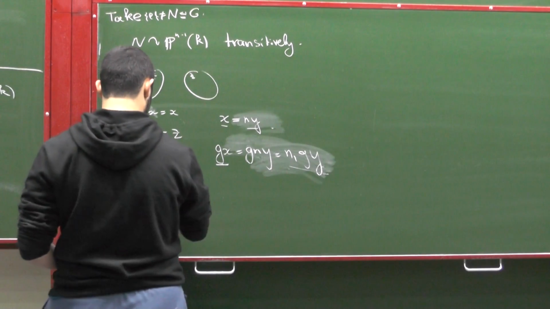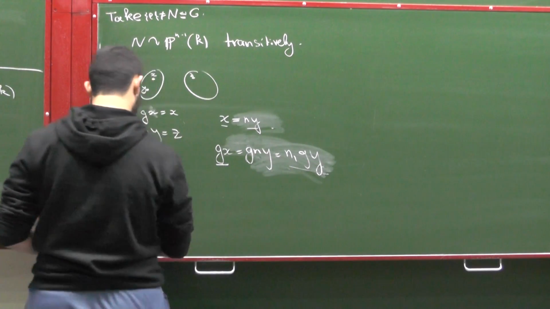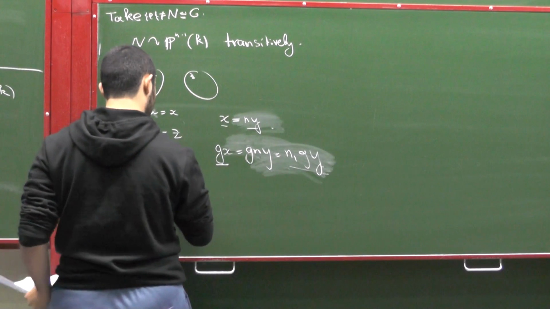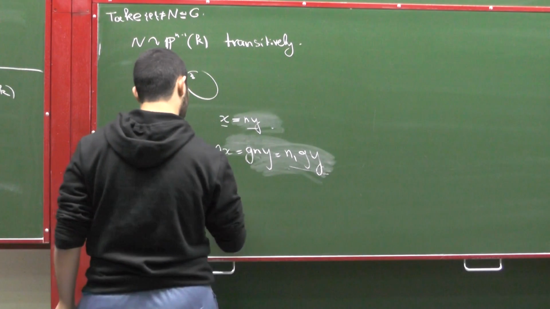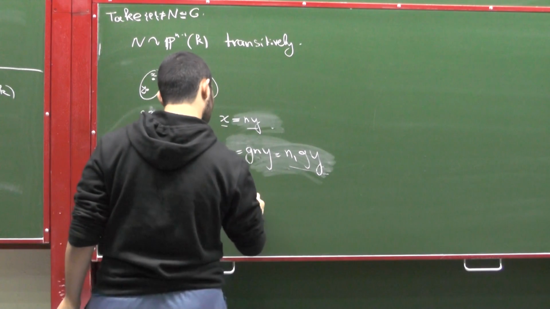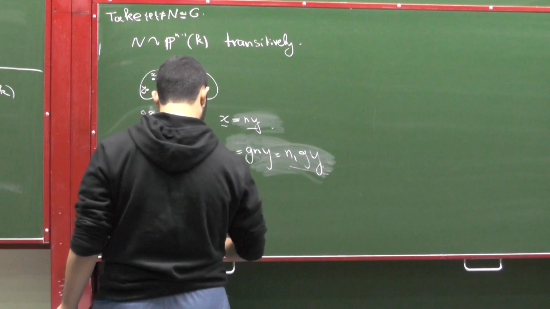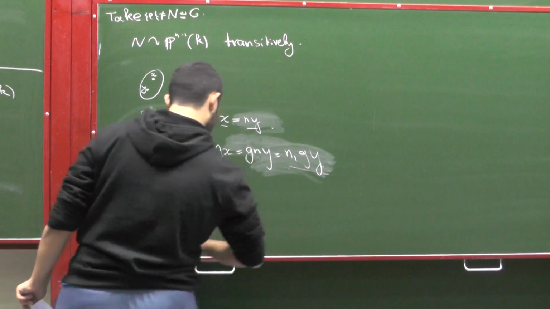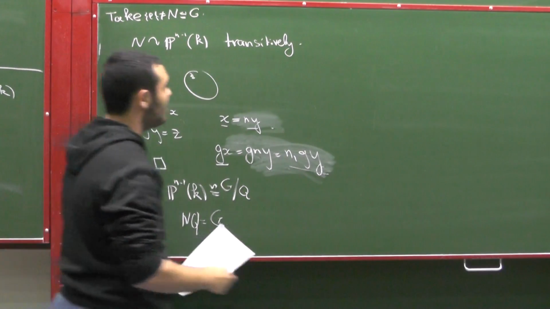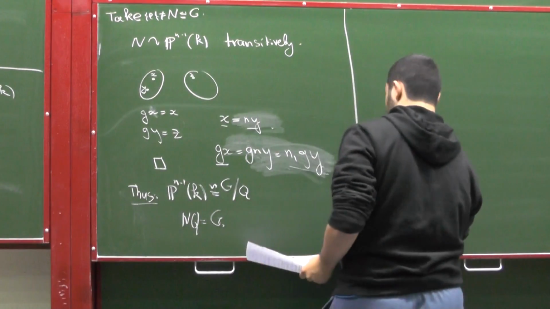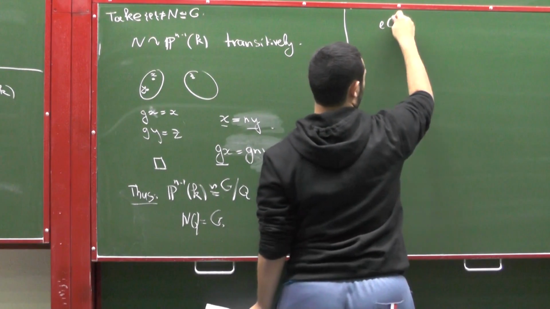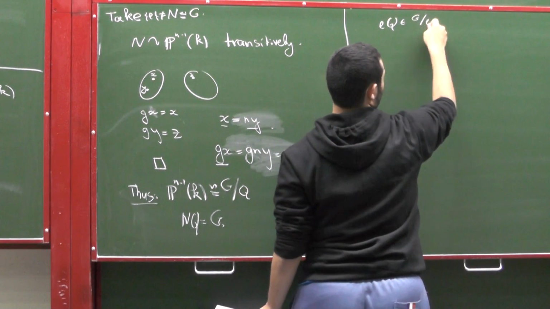Okay, therefore, because this projective space is the same as G mod Q, we have that NQ is G. Why is that? We have our base point, which is eQ, in the homogeneous space.